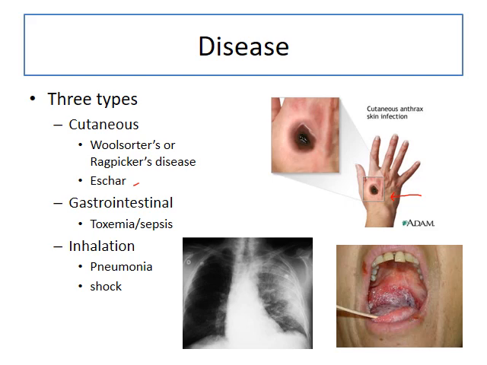Without treatment, more than 50% of patients will die with gastrointestinal anthrax. Even with proper treatment, 40% will still die. So only 60% of patients will survive. And that's really the effects of that toxemia, that sepsis.